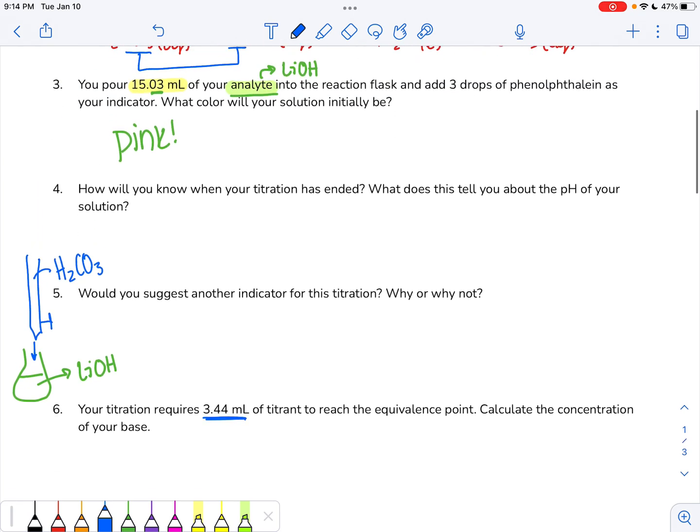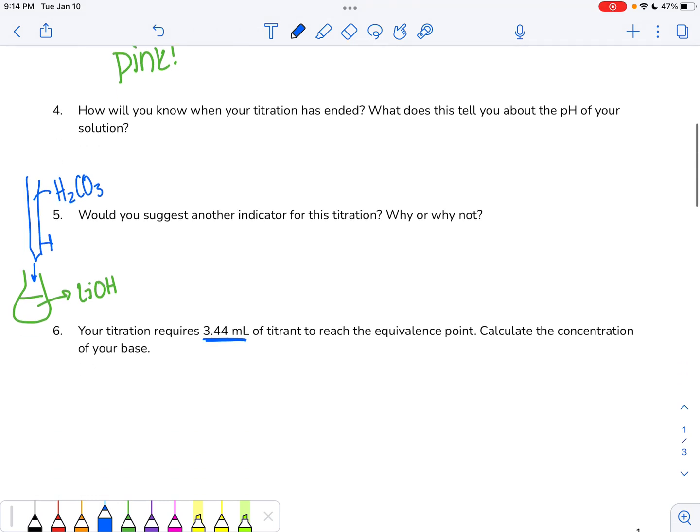So let's think about what we know about our titrant. We know that it took 3.44 milliliters of the titrant to reach the equivalence point, and we also know something about the molarity, the concentration of our titrant. So recall the equation for molarity. Molarity is equal to moles divided by liters. And if I know molarity and I know the liters that I added in, I can determine the moles of my titrant.